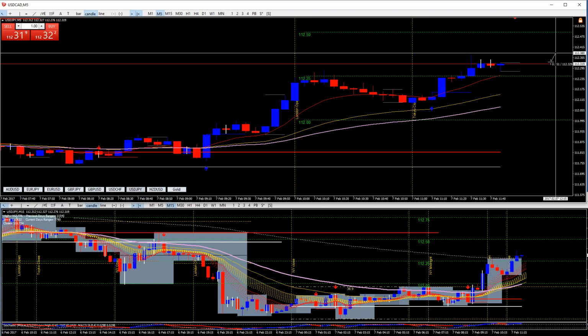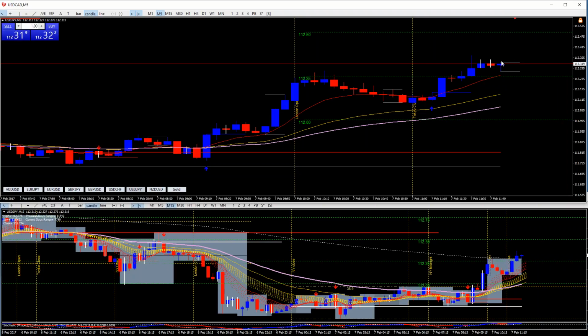We're only looking to make maybe 4 or 5 pips before it hits that resistance. To me, it's not a riskable trade at this point. Plus, the signal hasn't even given me the opportunity to do it.